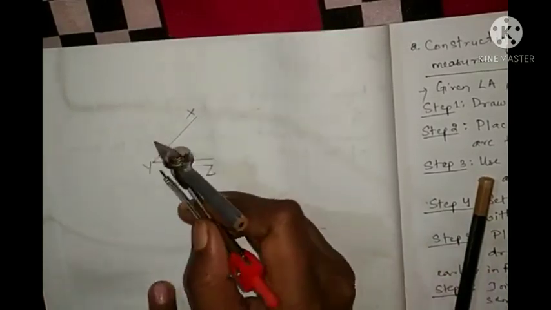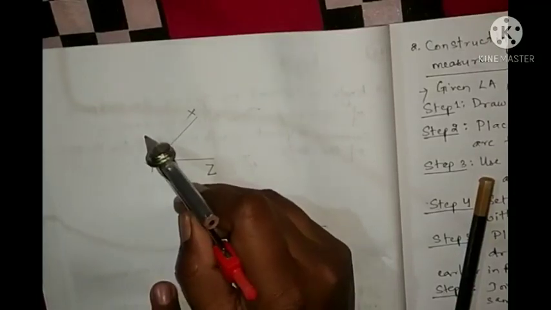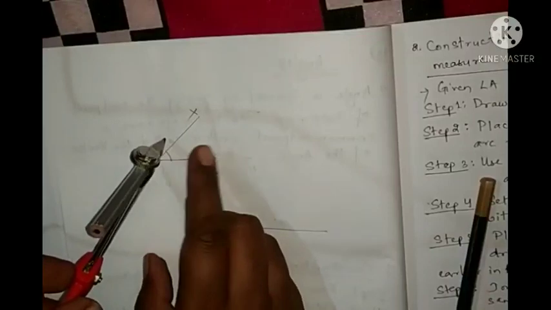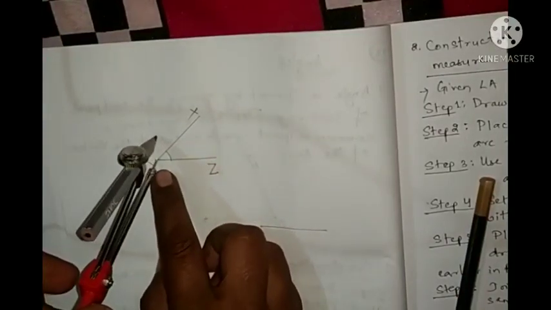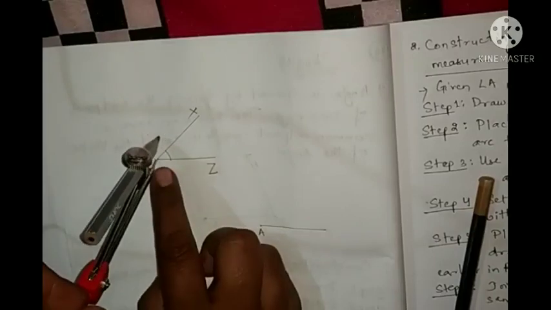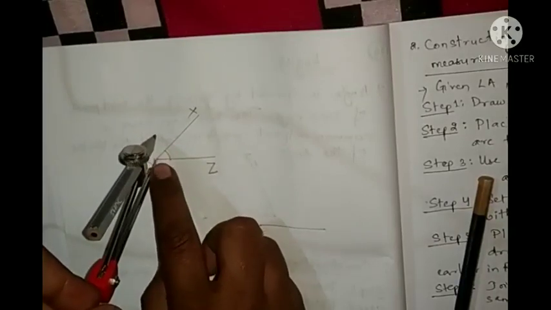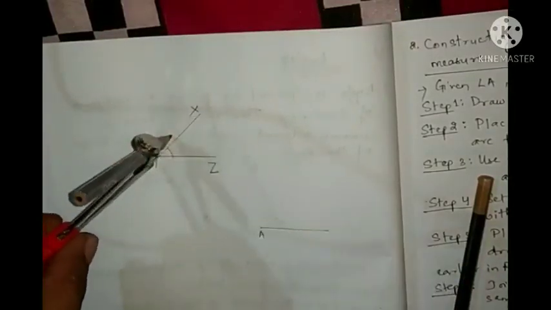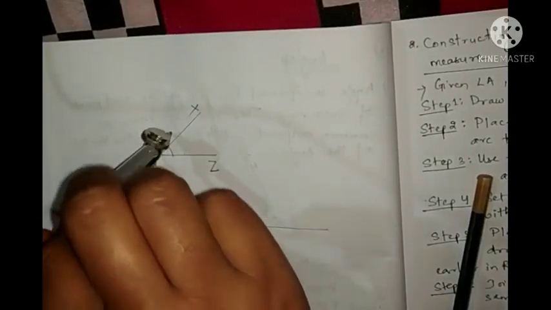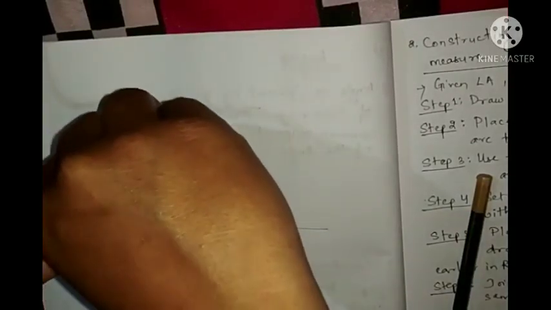You take the scale and put it on the vertex point of the given angle. The vertex of the given angle is Y. Put the pointer there and make an arc which will cut the two arms of the angle.